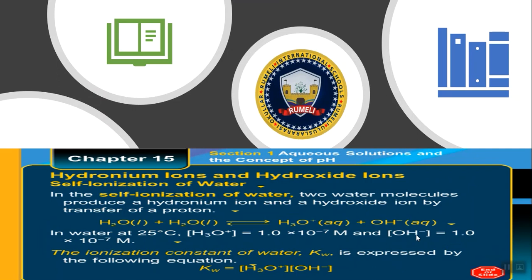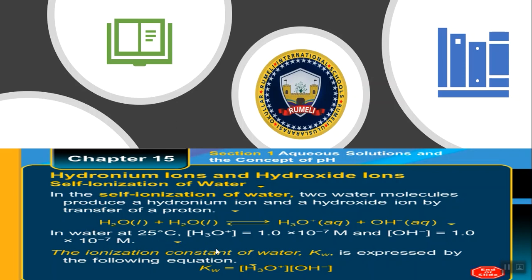and study self-ionization of water and how to calculate the concentration of hydronium ion or the concentration of hydroxide ion. Kw is the ionization constant of water, which equals 1 times 10 power minus 14.